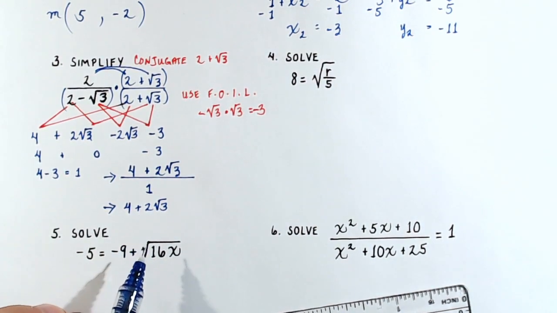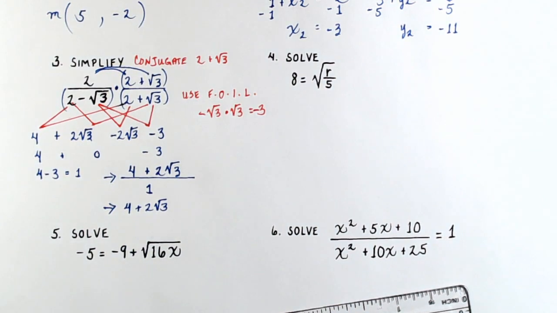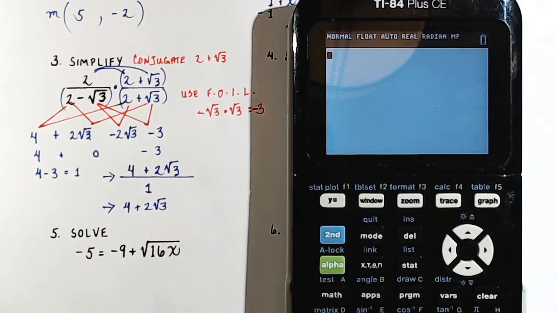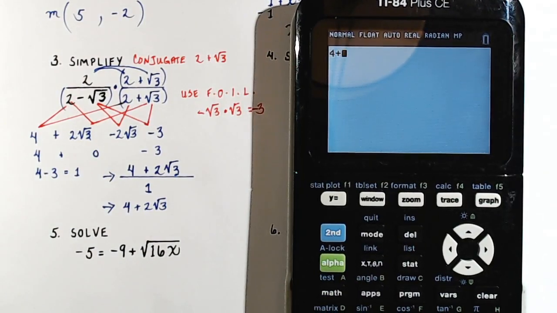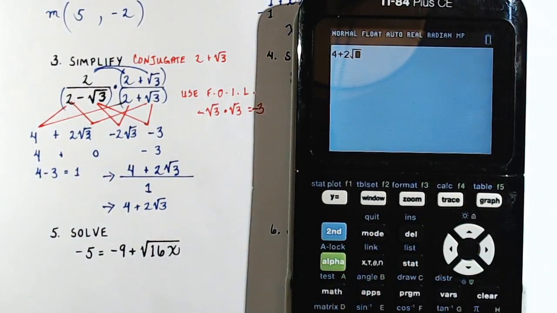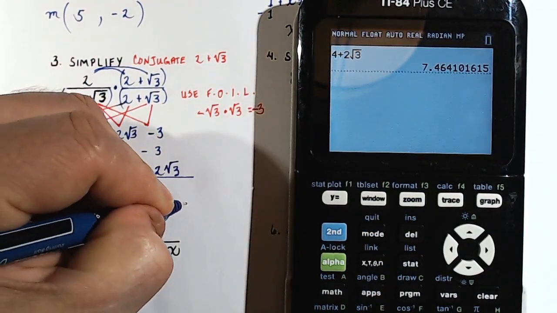Now that's a number. That is a number. If we want to approximate its value, we could type in 4 plus 2 square root 3, and we would get 7.464.